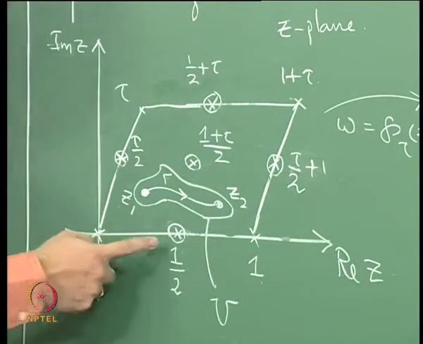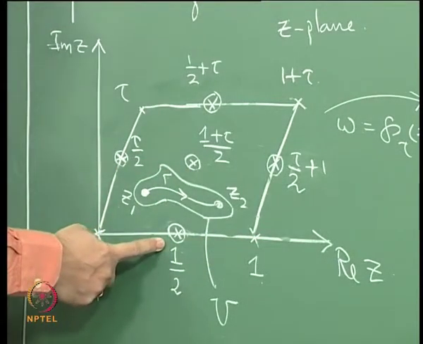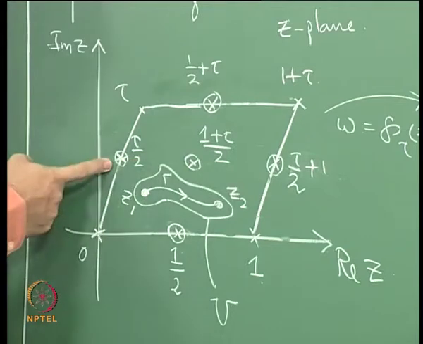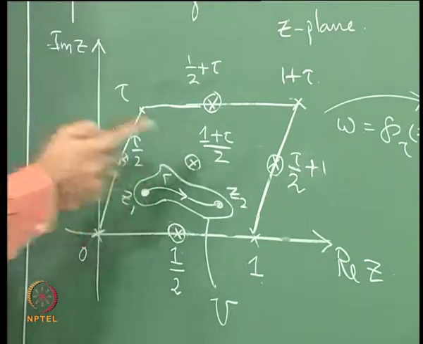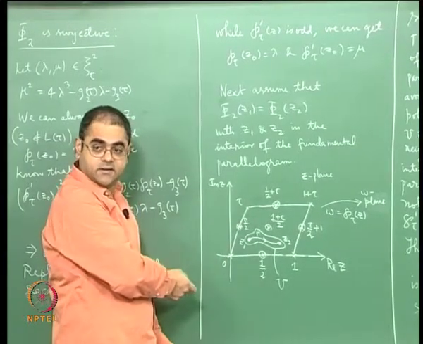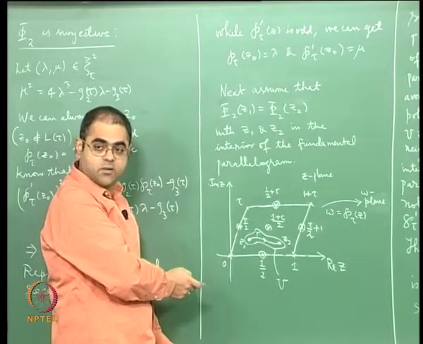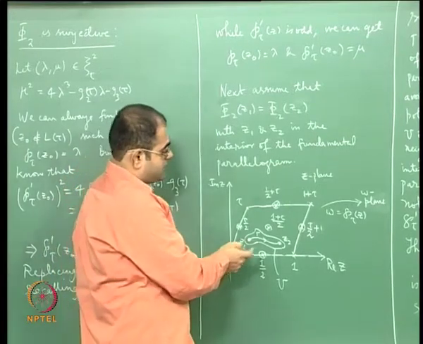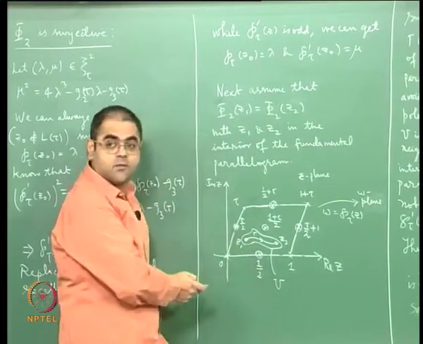But remember that the phi value here is E1 of tau, phi value here is E2 of tau, and phi value here is E3 of tau, and we have already seen that these three are distinct complex numbers, therefore we will get a contradiction.